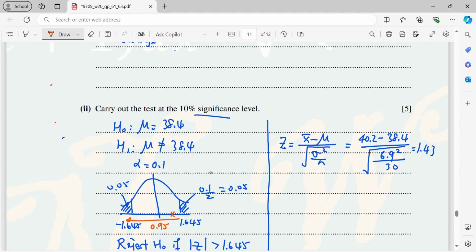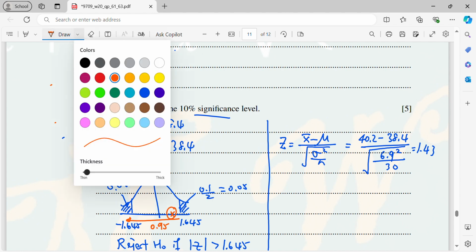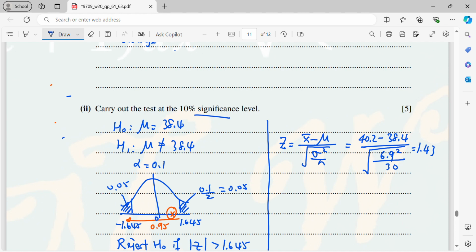Now mark this value on the diagram, on the graph. 1.43 is basically outside the rejection region. Okay, here is 0. So from here, since the calculated value is less than 1.645, we do not reject H naught.